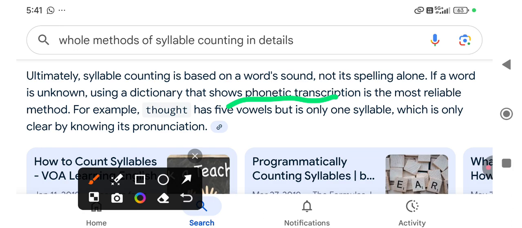Example: thought has five vowel letters but is only one syllable. This is only clear by knowing its pronunciation. Good example.